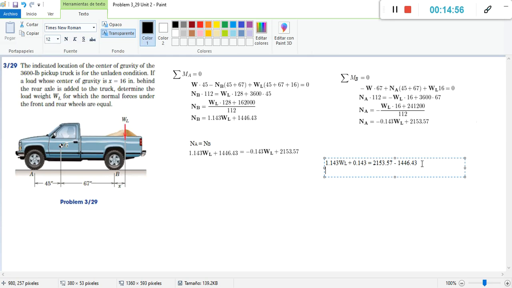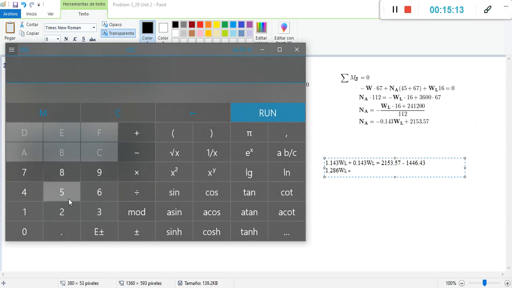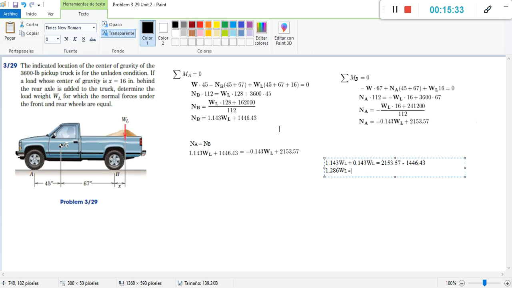So we're going to write 1.286 WL is equal to 2153.57 minus 1446.43. And it is 707.14.